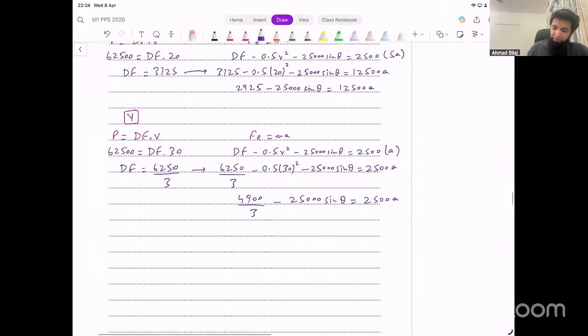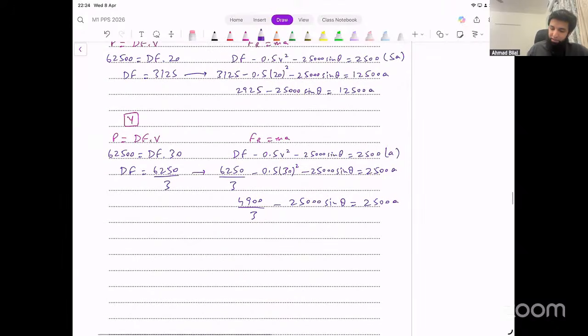Now, how do we solve them simultaneously? From the first equation, I could say 25,000 sin theta equals 2925 minus 12,500a. From this equation, I can say 25,000 sin theta equals 4900 over 3 minus 2500 times a.